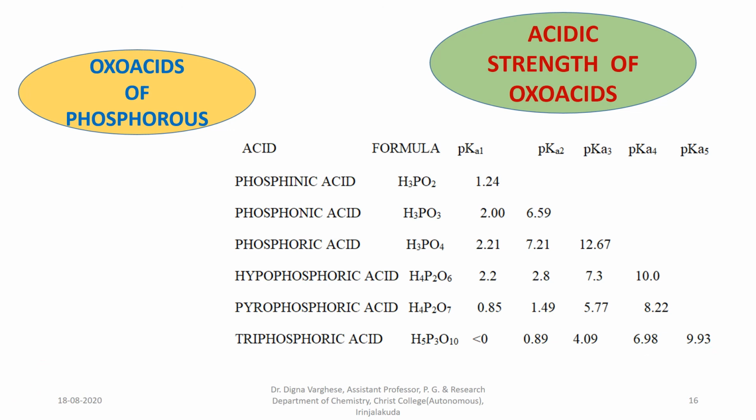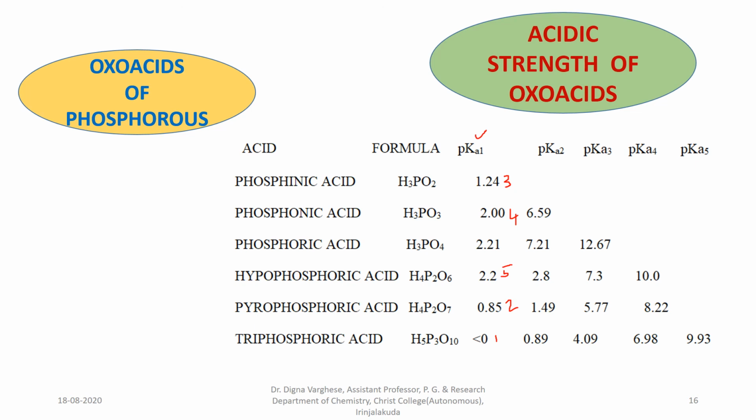Among these acids, the value of pKa1 shows that triphosphoric acid is the lowest. Then comes pyrophosphoric acid, then phosphinic acid, then phosphonic acid, then hypophosphoric acid in 5th position.